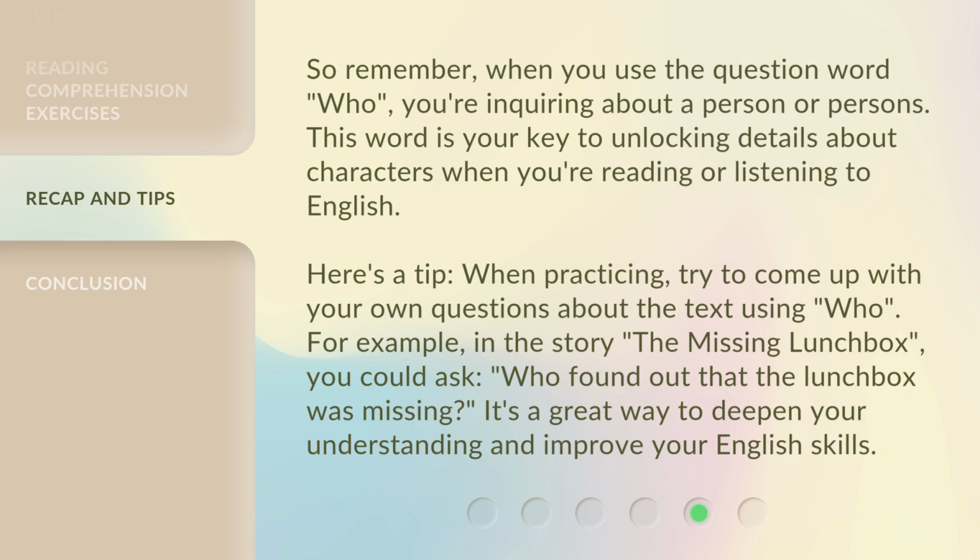Here's a tip. When practicing, try to come up with your own questions about the text using who. For example, in the story, The Missing Lunchbox, you could ask, who found out that the lunchbox was missing? It's a great way to deepen your understanding and improve your English skills.